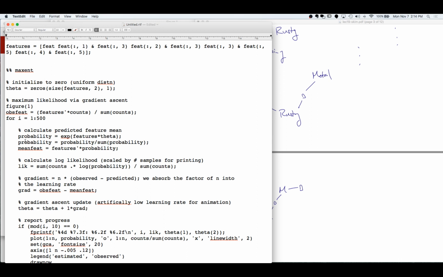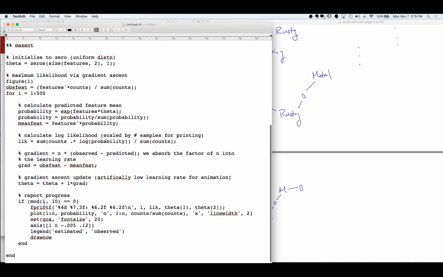And then repeatedly, I compute a probability distribution as e to the features times parameters, normalize it, calculate the mean value of the feature according to that probability distribution. Skip this, this is just for displaying. Then I calculate the gradient as the difference between the observed and the predicted features, and do gradient descent. And then this is just display code as well.